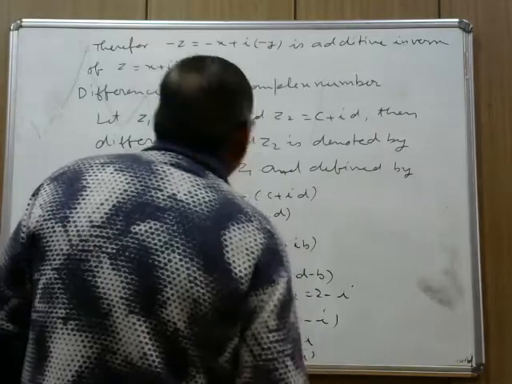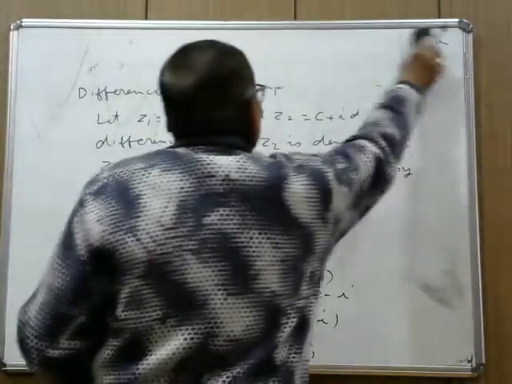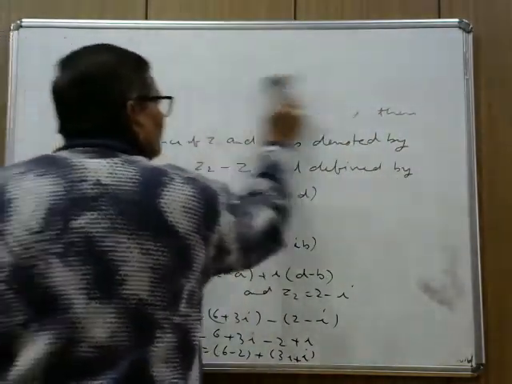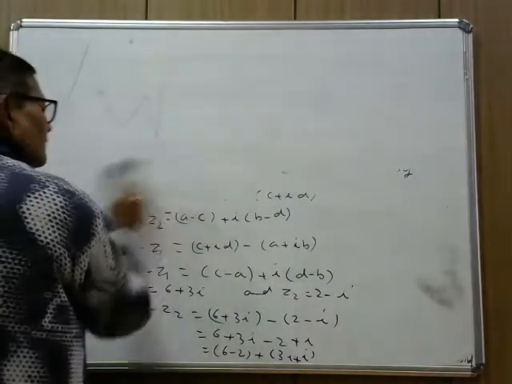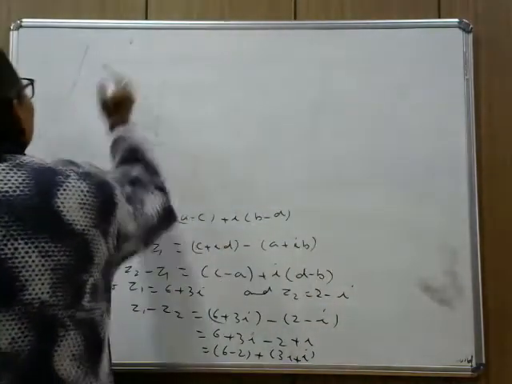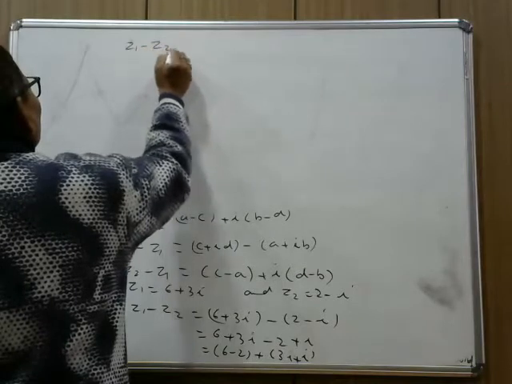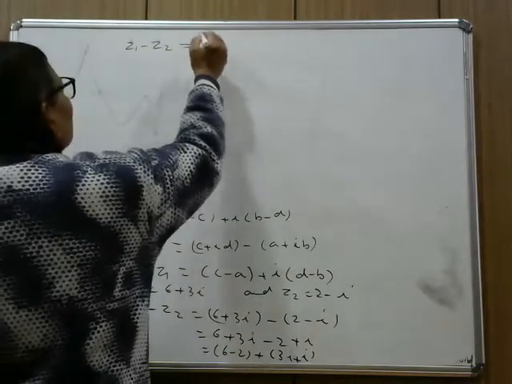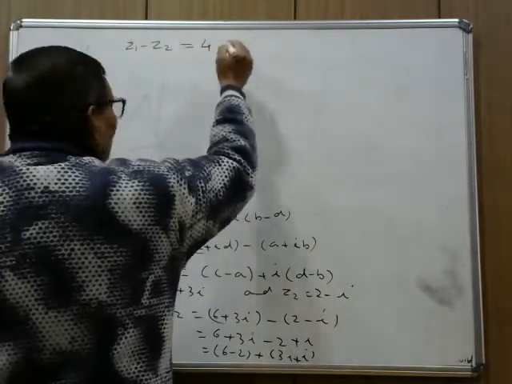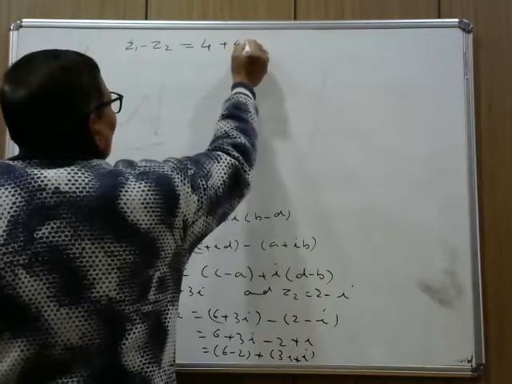This implies that Z1 minus Z2 is 6 minus 2 is 4 and 3i plus i is 4i.